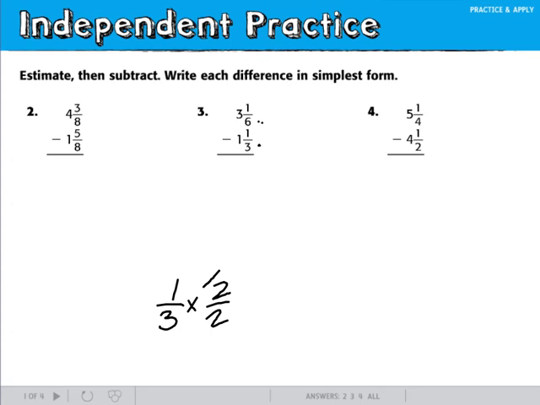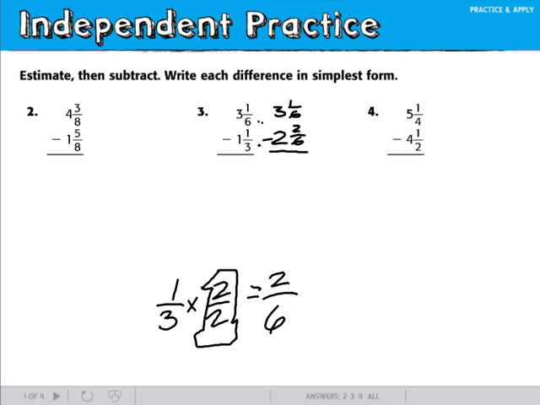Remember, it's equal to 1. Right? And anything times 1 is itself, so 1 times 2 is 2. 3 times 2 is 6. So now I have 2 over 6. Now, when I rewrite my problem, 3 and 1/6 minus 2 and 2/6. You see my new problem?